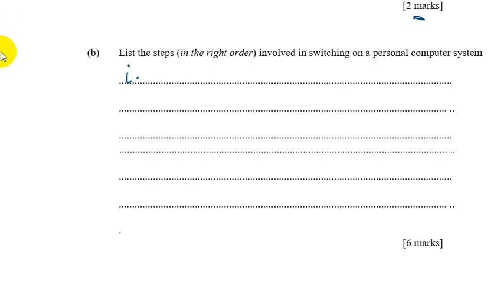Because we are writing for 6 marks, we can't just say press the button to turn on; we have to give 6 points. So we first check whether the cable is connected, okay, to the system unit and monitor.